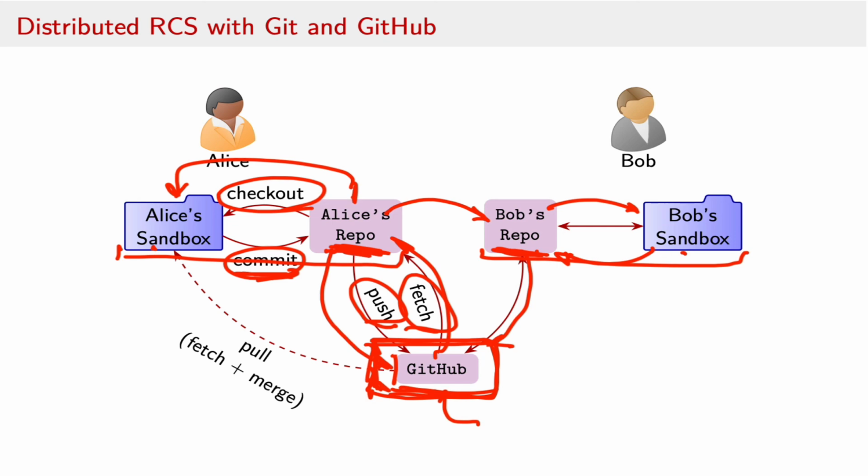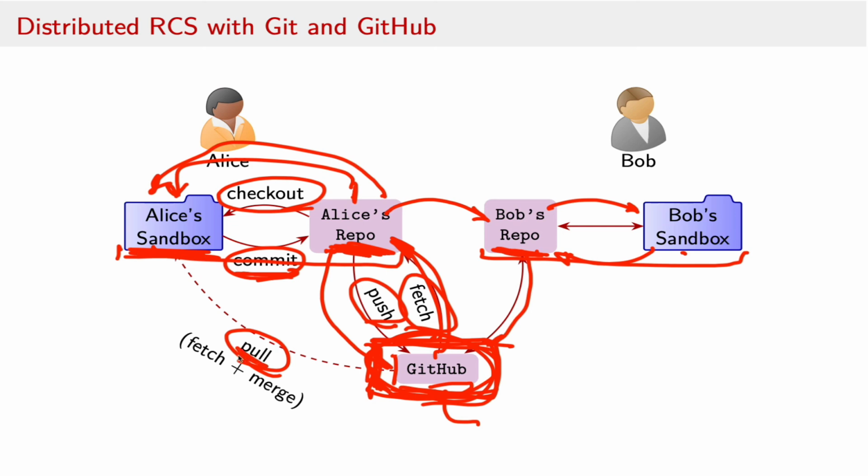Finally, there is a command that does something you're going to do very commonly, and kind of does two different things. When you're trying to consume changes from someone else on your team, in this kind of model where GitHub is the centralized location or the authoritative repository, it's common that you would want to do a fetch to grab stuff from GitHub into your local repo, but then you'd also want to turn around and pull things into your sandbox to merge whatever changes are now available on that GitHub server together with what you've been working on.